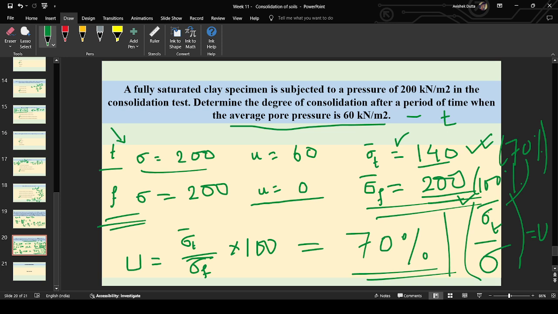That's what I told you. Sigma effective is sigma t bar. At stage T, I am mentioning U as per your definition, sigma T bar, sigma T effective, divided by sigma. Now, why is this formula a misnomer? Because this particular thing has a pore pressure and this doesn't.